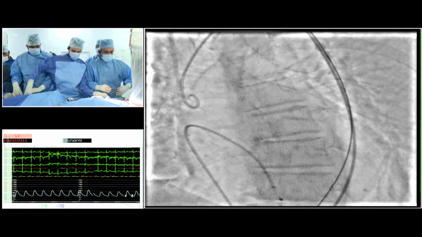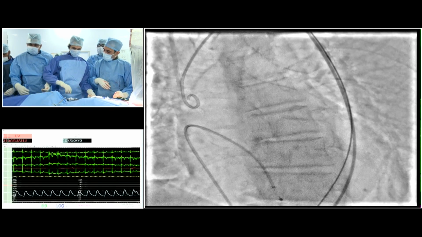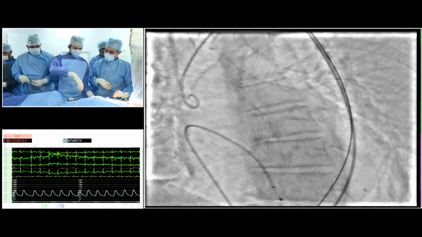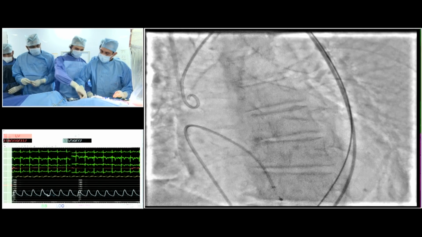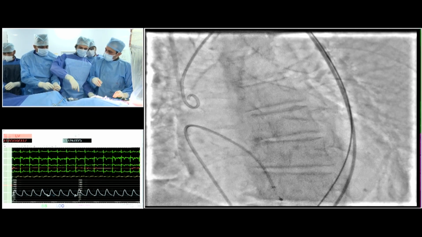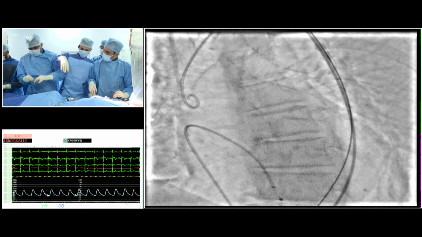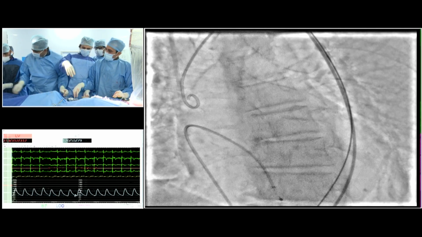How much force does it take to get the valve through there? Does it take a lot of force to get the valve through there, or no? No, not especially. This week we did a few pure aortic regurgitation cases with the 32. So you compensate for the anchoring without calcium.